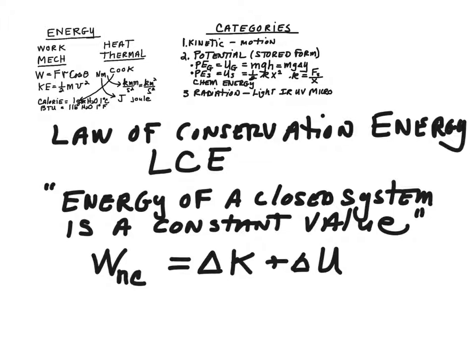And the only way to fully understand this is to actually use it, and we will use it. But what it's saying is that if we have a system where no work is done, that means no energy is added or subtracted from the system. And so any change in kinetic energy has to be offset by a change in potential energy.